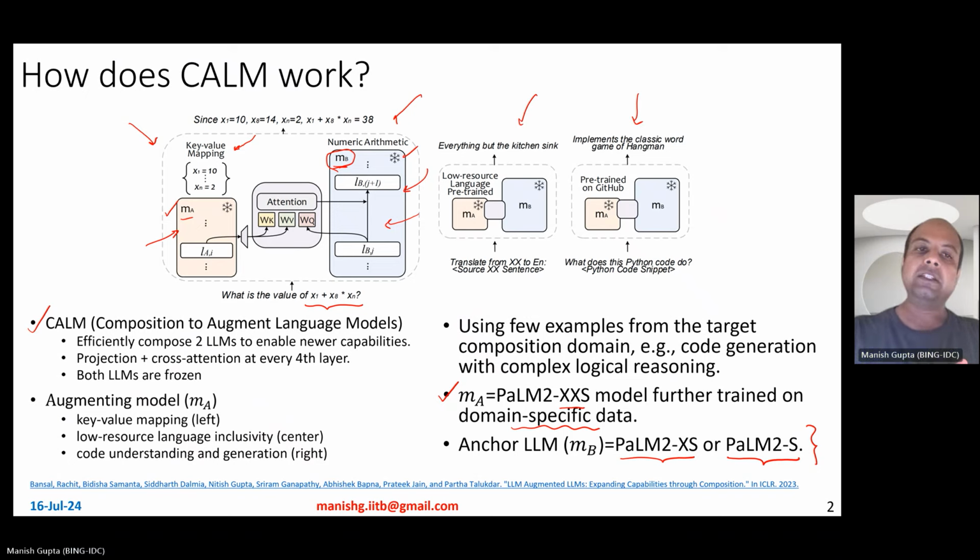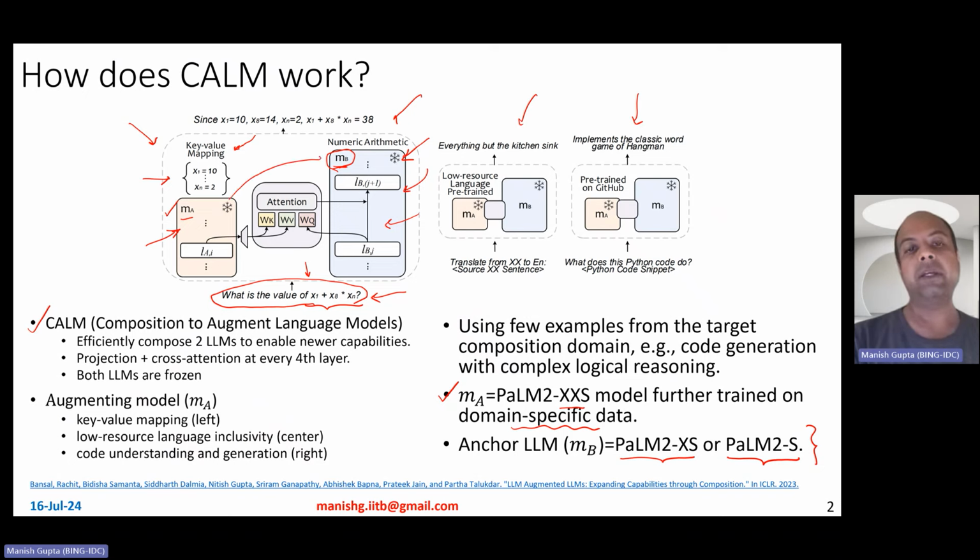So if you want to solve this sort of task, which is a composition of what MA knows and what MB knows: MA does not know how to do numeric arithmetic because it only knows key value mappings. MB does not know the key value mappings; it only knows numeric arithmetic. So this task is a composition task because it needs numeric arithmetic over variables. You need some sort of composition of the abilities of MA and MB.